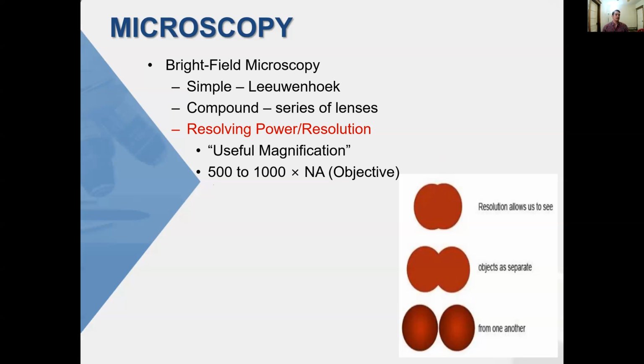Another term that I want you guys to be familiar with is useful magnification. What useful magnification refers to, over here you can see it, it means an improvement in your resolution with greater magnification. However, there's an important limit that you guys are going to have to keep in mind.